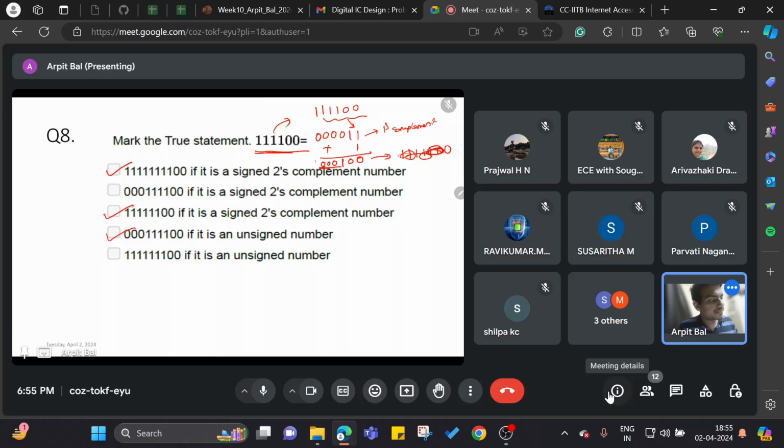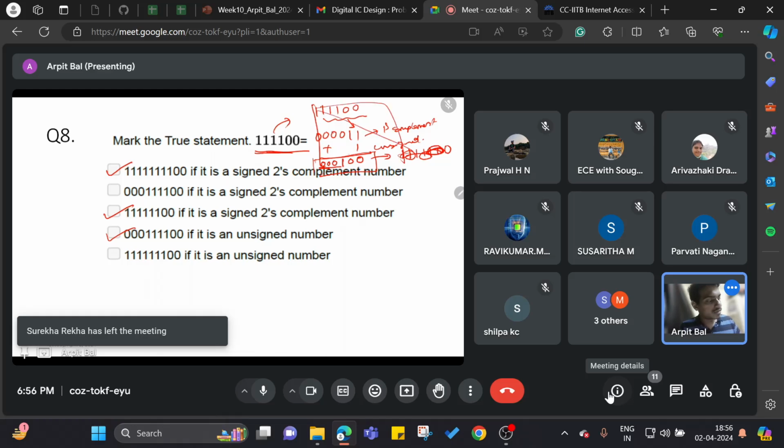So this is for getting the unsigned form. Wait, we don't need to do this much.